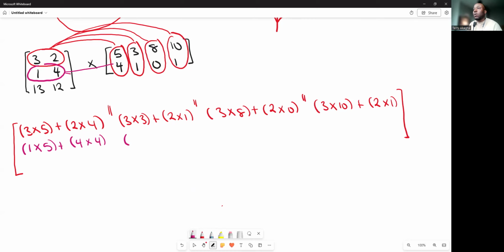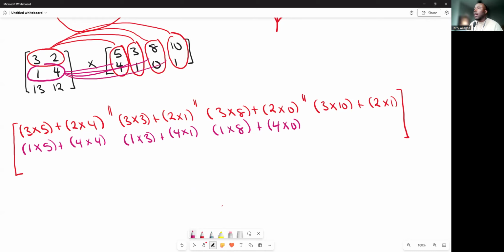We go to the next one. So it's going to become 1 times 3 plus 4 times 1. We're done with that. We're going to go to the next one, which will become 1 times 8 plus 4 times 0. We're done with that.